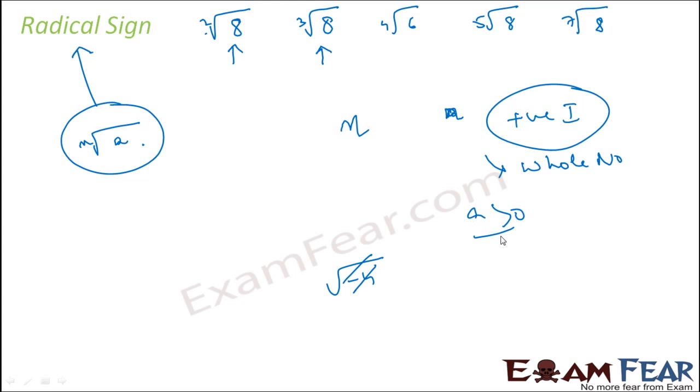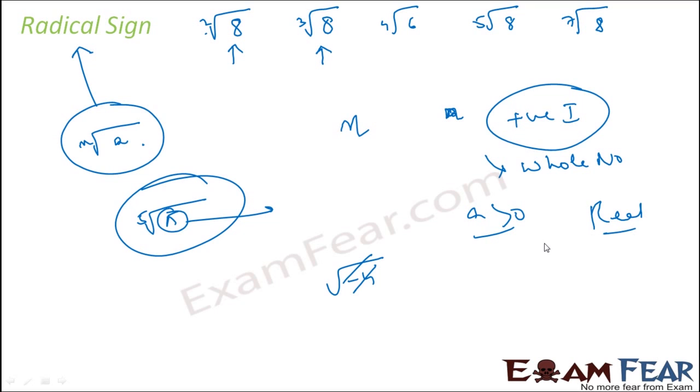So that means if a is any real number, can I say 5th root of pi? Yes, I can, because pi is a real number. A is a real number, and pi is greater than 0. Can I say -5th root of pi?